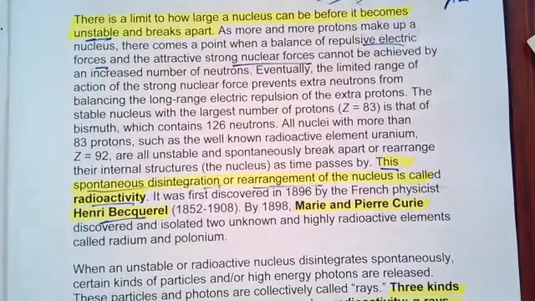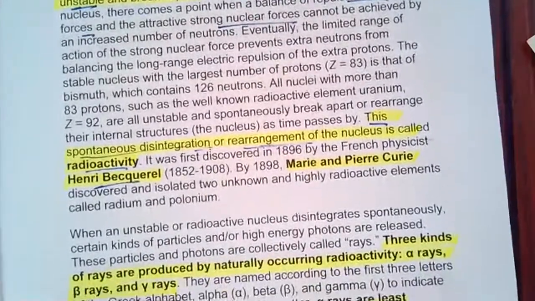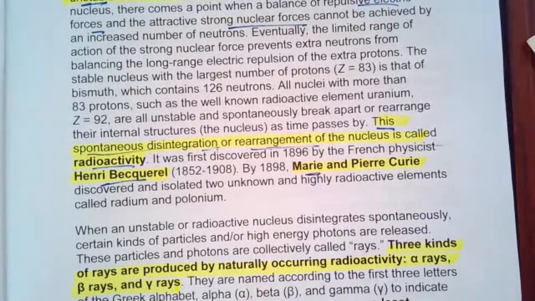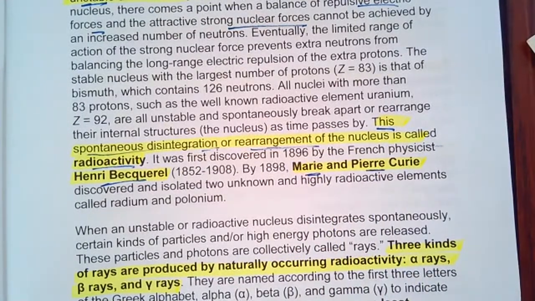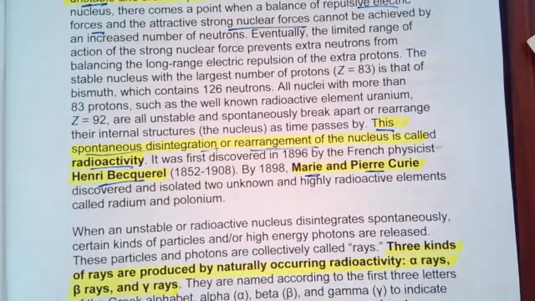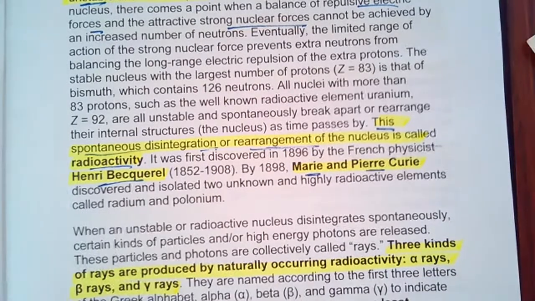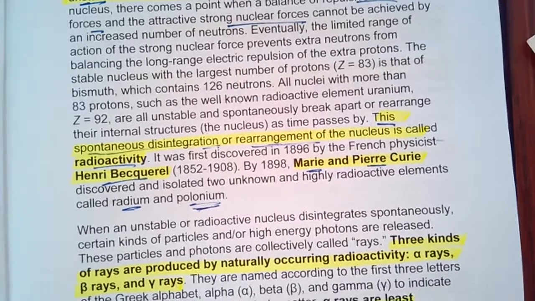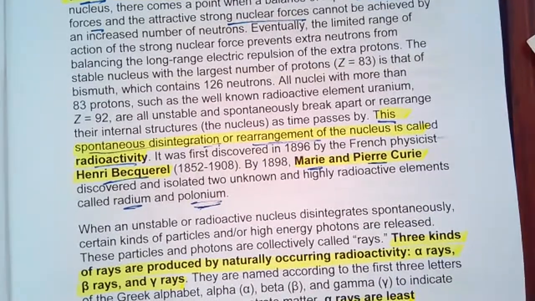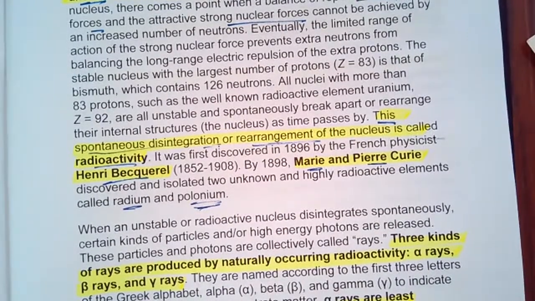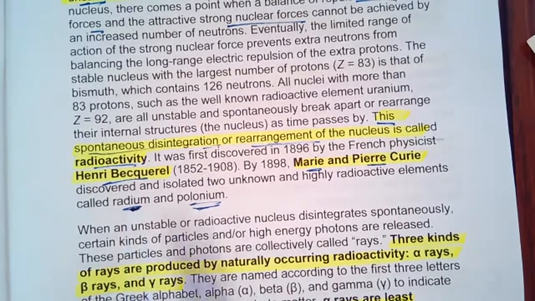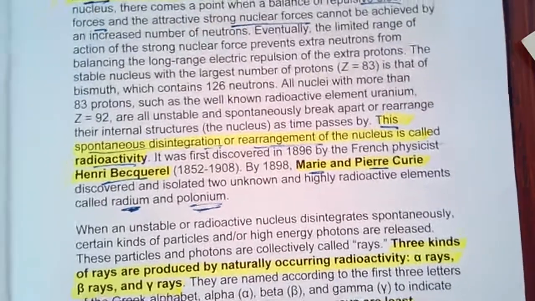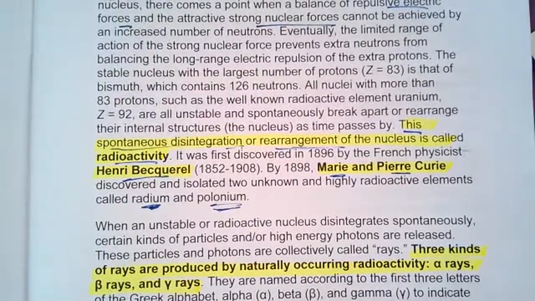Then in 1898, Marie Sklodowska, who later became Marie Curie, married to Pierre Curie, discovered and isolated two highly radioactive elements called radium and polonium. Polonium was named after Marie Curie's birthplace, Poland, and radium because it is radioactive, which of course they didn't know about the dangers of radioactivity until later.